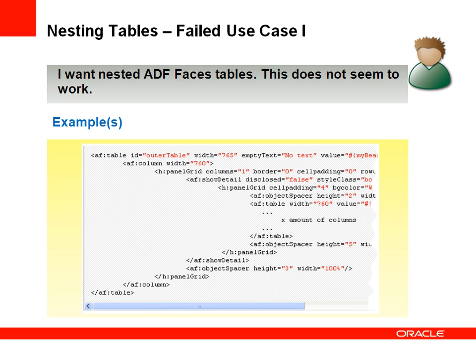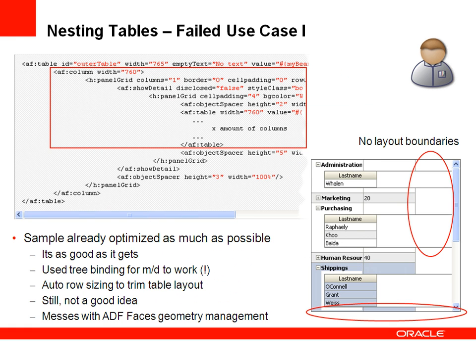Nesting tables. That's a very popular one. People try to build master-detail relations by just putting a table as part of a column in another table. This is what Dom is trying as well. He's blindly copying and pasting the master-detail relationship into the column as a table, runs it, and is terribly surprised by the outcome.